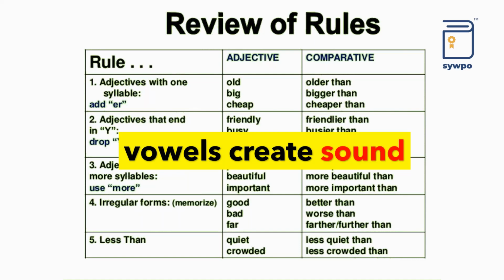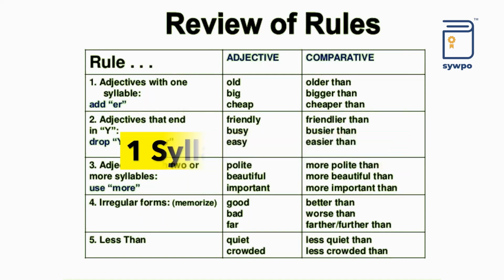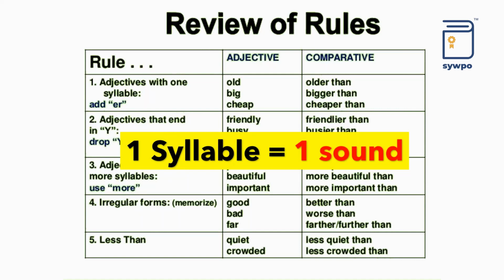If you see a vowel, that means it is giving you sound. And if you have a one syllable word, it means one sound is coming from that word. For example, if you say this word loud to yourself, I'm sure you will hear only one sound. Old is just one sound.